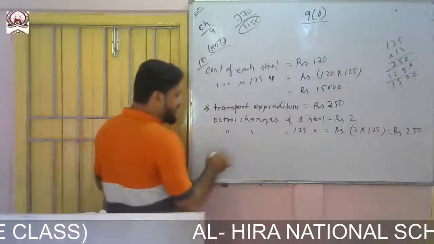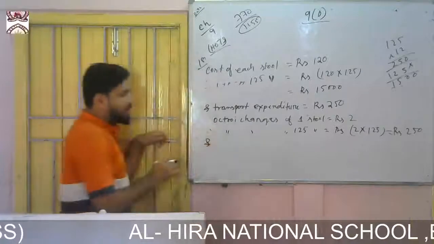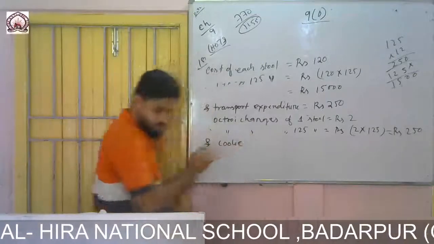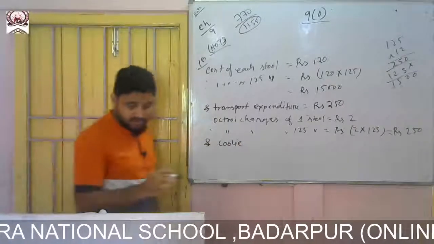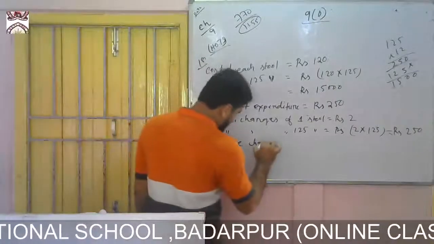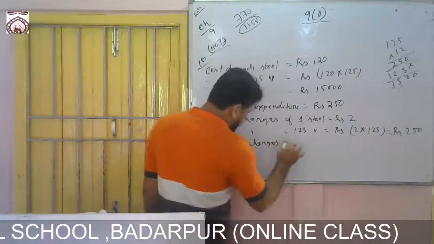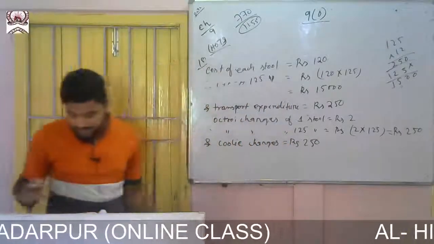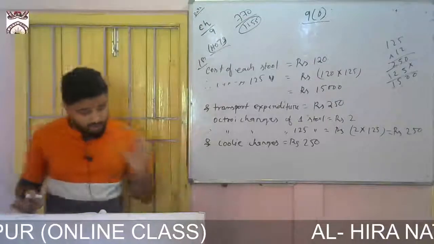And lastly, the coolie charges remain. It is given that coolie charges equal rupees 250.